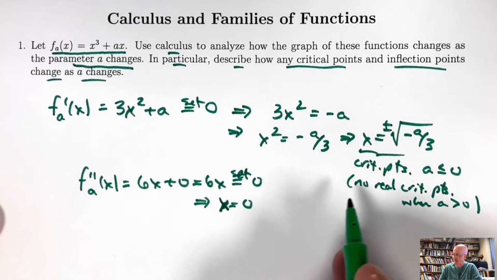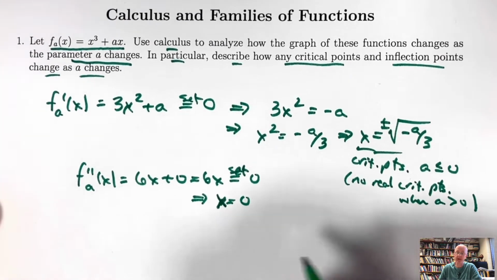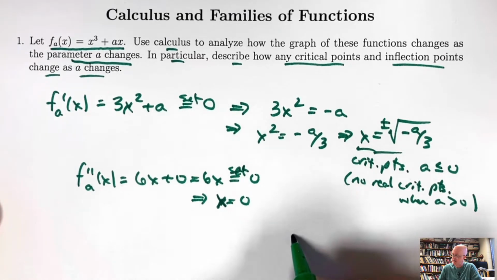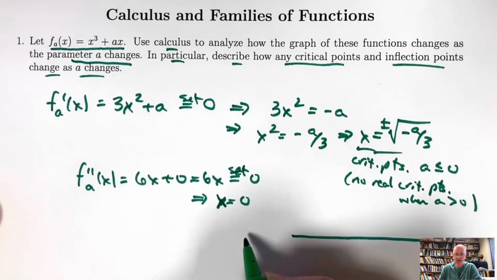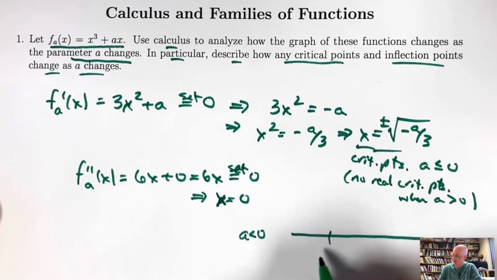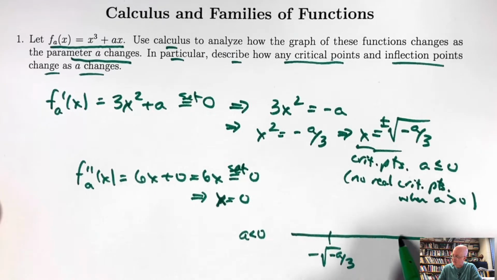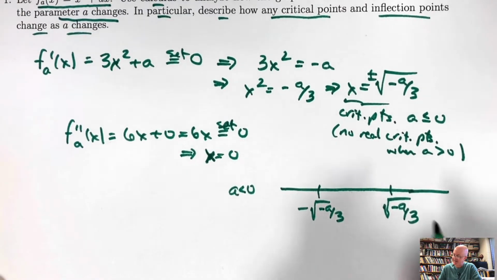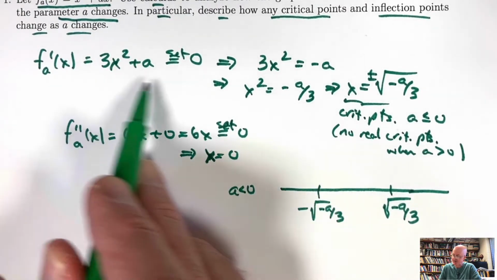Also, we can think about the nature of the critical points here and whether they give local maxes or mins. If we assume we're in the case where a is strictly negative, so we have two distinct critical points, one at negative square root of negative a over 3, and one at positive square root of negative a over 3. Make sure you say that right. And think about the sign of this derivative here.